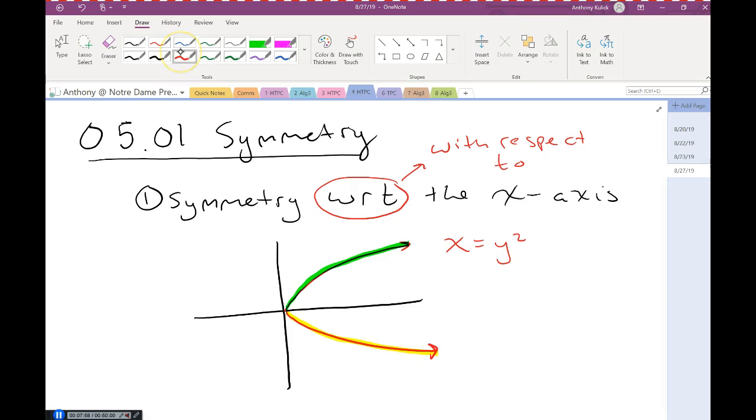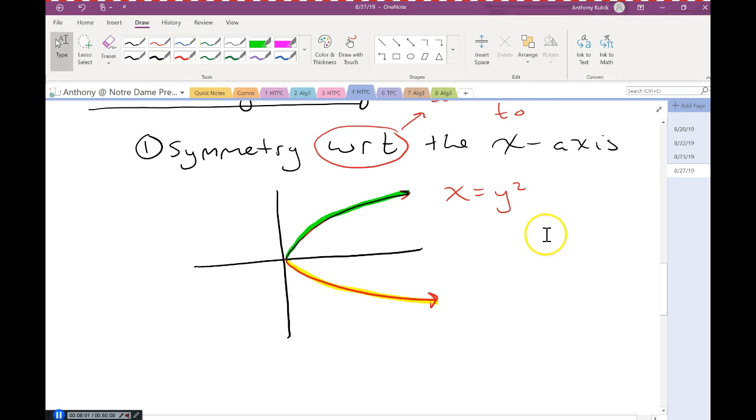So, if I'm looking at something that's symmetric to the x-axis, algebraically what this means is that f of x should equal negative f of x.